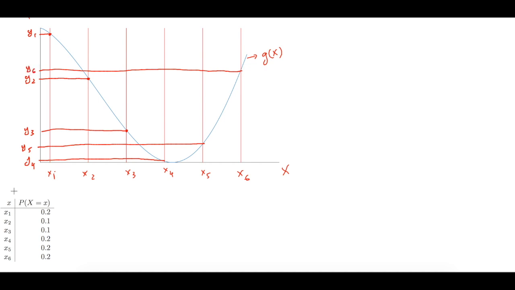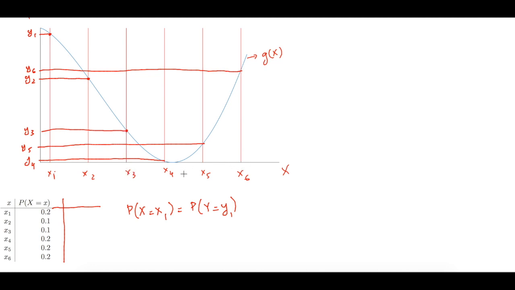So this means that whenever we have x1, we can find that x1 is mapped to y1. So we'll say the probability of x is equal to x1 is equal to the probability of y is equal to y1. And similarly, x2 is mapped to y2, x3 is mapped to y3, and so on.